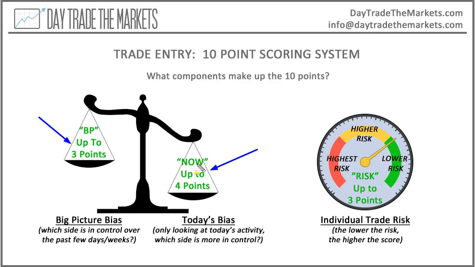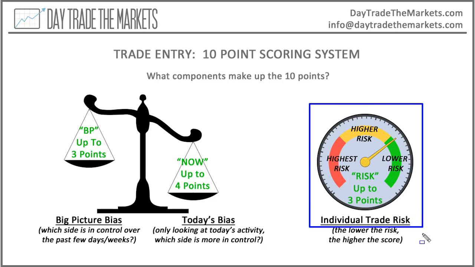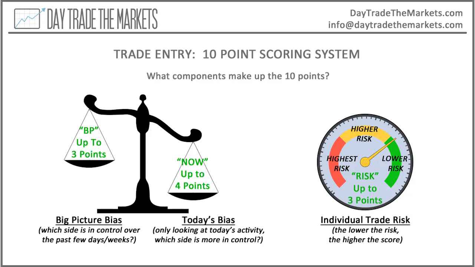The big picture matters a lot, but we want to weigh just ever so slightly more the now, what's going on today, which is more recent than what's gone on over the past few days or weeks. We want to balance both of them. The other part is judging the risk on a given trade. The lower the risk, the higher the score, and the higher the risk, the lower the score. If you have a very low risk, it adds to our score, so we get closer to 10 in that situation.